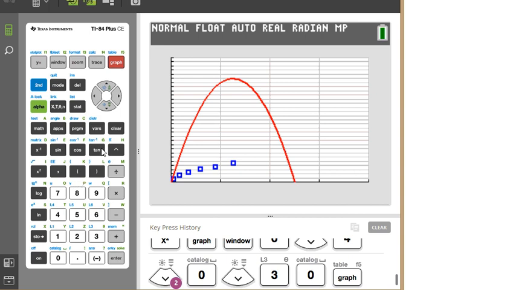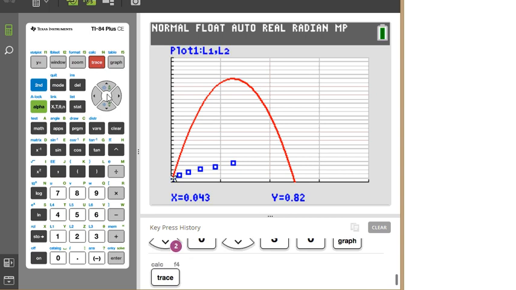We can do different things here. One way you could do this is you could trace. And when you trace this, you're going to get the very top value. If you go to the very top value, you see what y is getting close to. That's going to be our correct answer. Okay, we're very close to the top, almost 25.